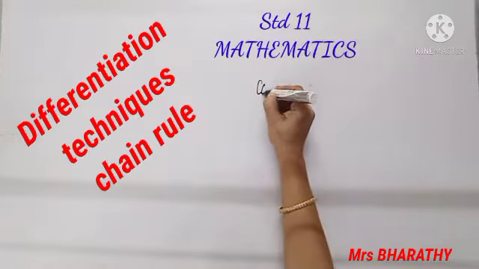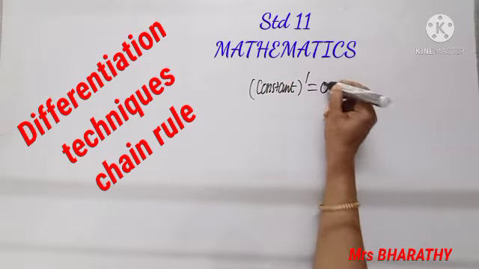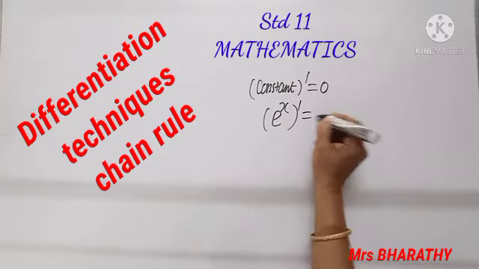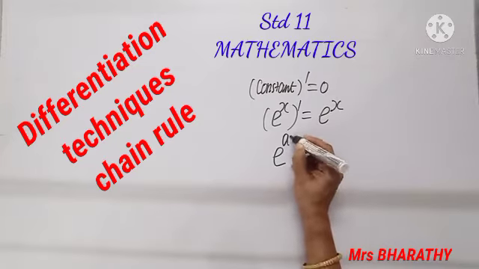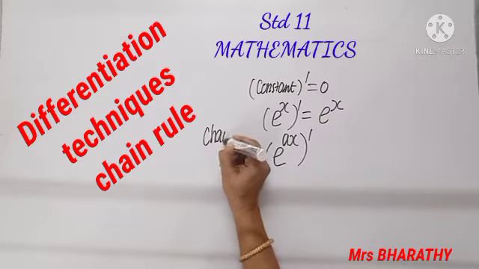Differentiation techniques. Let us recall the formula where a constant becomes 0 as we differentiate. E power x, the derivative is e power x. Suppose I have e power ax. We call this the chain rule.